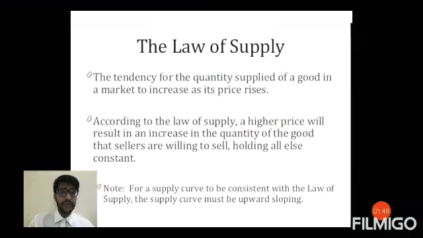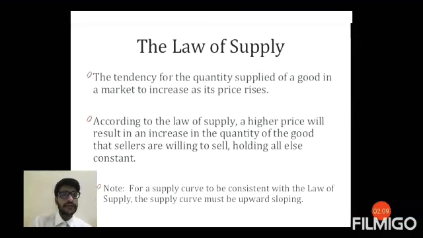Law of supply. The law of supply states that, other things remaining the same, if the price of a good rises, then the quantity supplied of the good increases. If the price of the good falls, the quantity supplied of the good decreases.